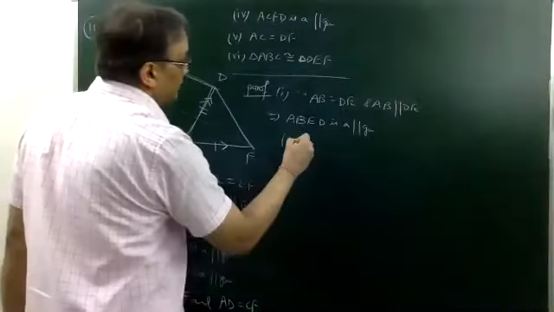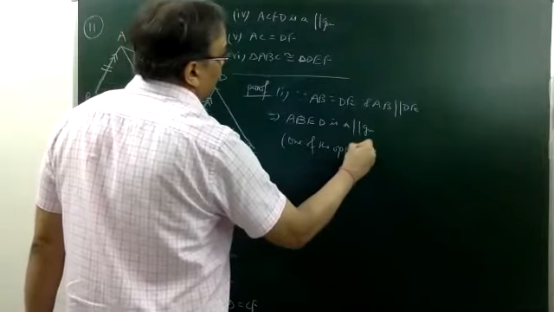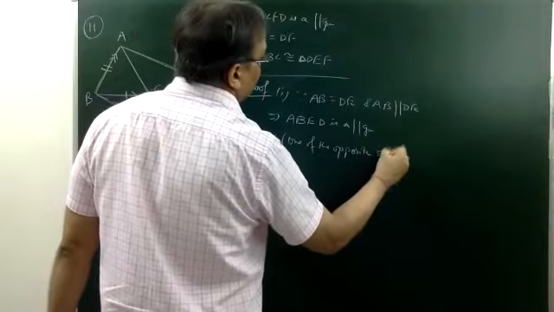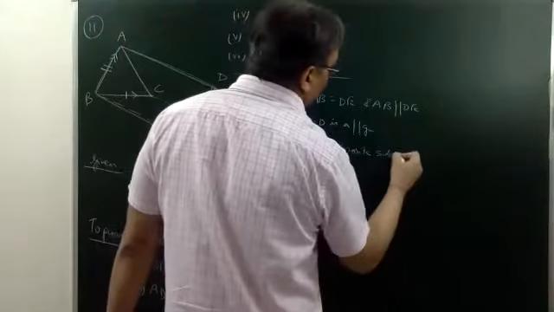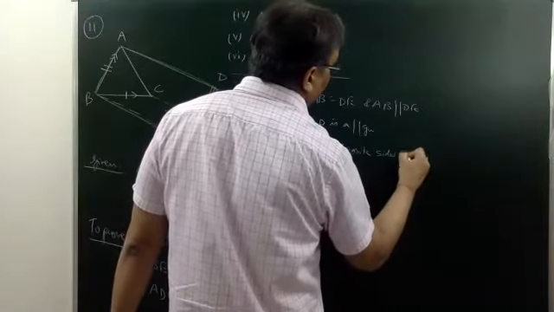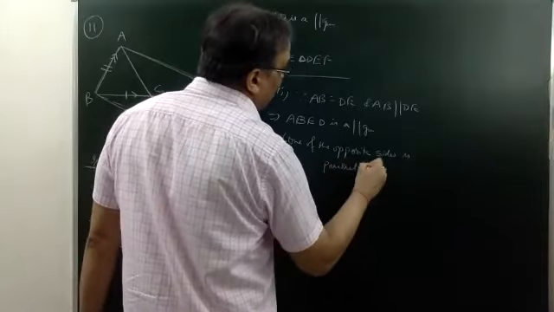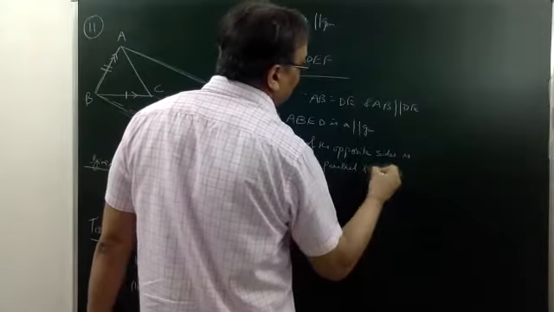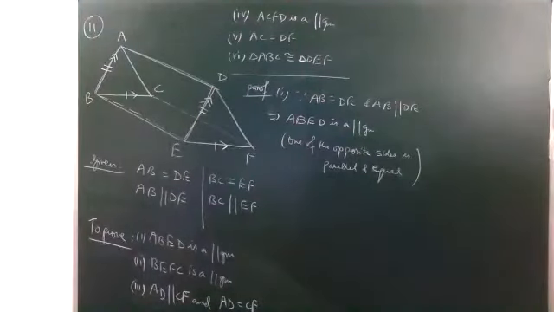Reason, one of the opposite sides is parallel and equal. जो लास्ट वाला हमारा थ्योरम था कि one of the opposite side is parallel and equal, then it becomes a parallelogram.